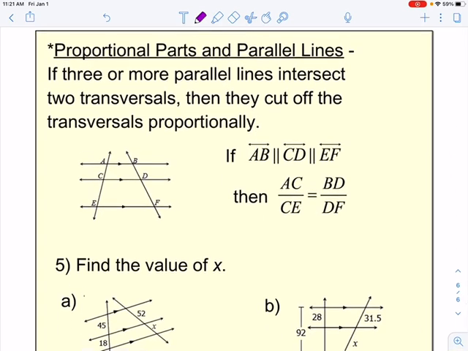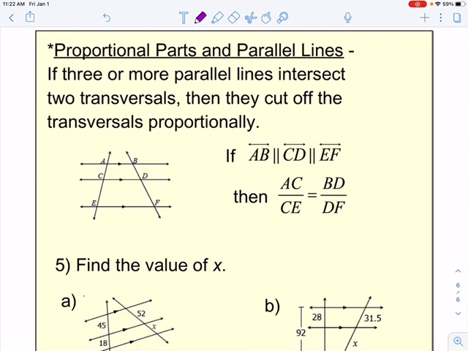Okay, so we also have proportional parts and parallel lines. This is basically going back to the triangles with two things being parallel, but now we're not completing a triangle. If I kept extending these lines way up, eventually you could see it would form a triangle, so that's why this is still part of this section.